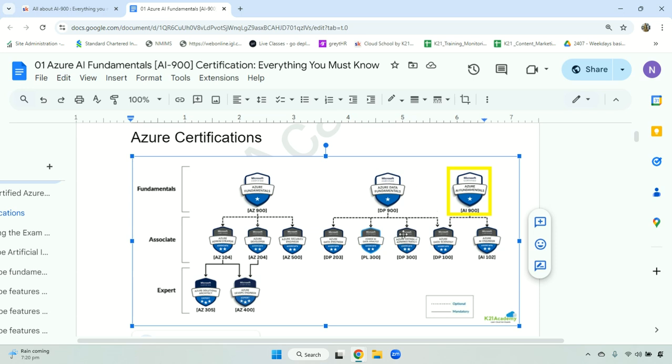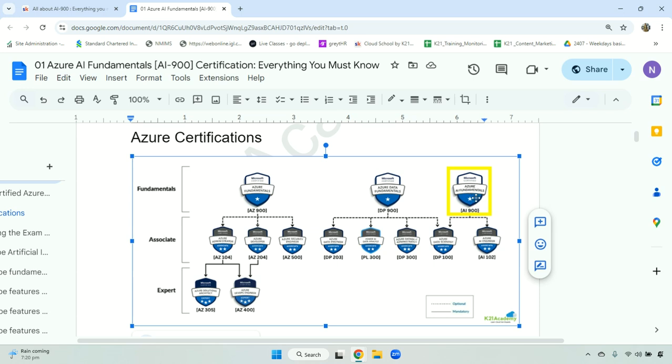So this is where the data part comes, and after that the third one you can see is basically what we are discussing over here. This is all about artificial intelligence and the courses related to it. When I say Azure AI Fundamentals, the course code provided by Microsoft for this course is AI 900.